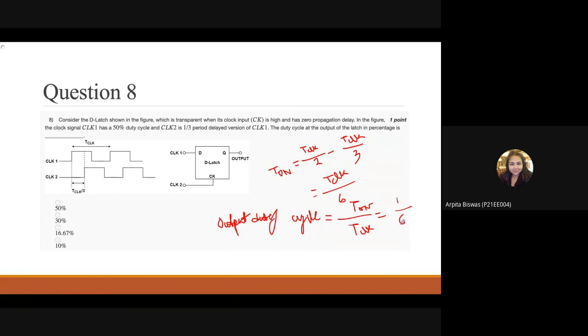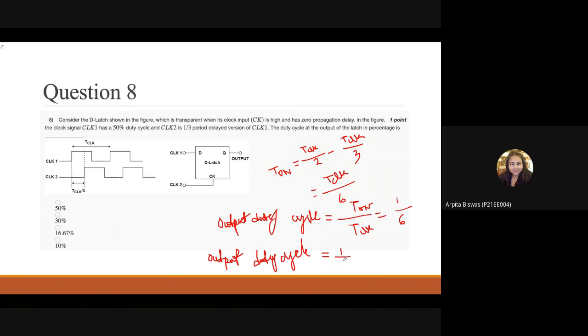So it is in percentage, output duty cycle. 16.67, ma'am. Yes, 16.67.